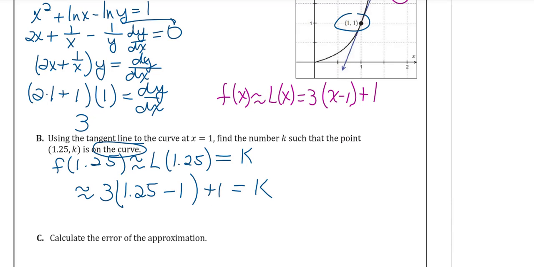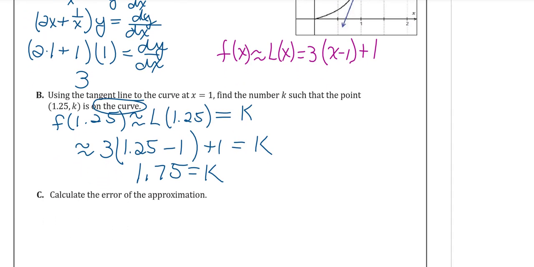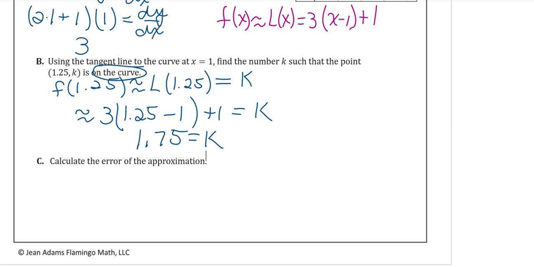So when we simplify this, we get 3 times 0.25 plus 1. So that's going to be 1.75 is k. And now we're going to calculate the error, like how far off are we? So what we need, though, is the explicit form, because we need to know the value of y at k, the actual value, not our approximate value.